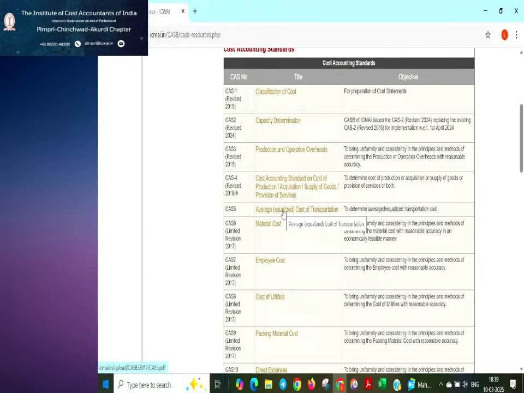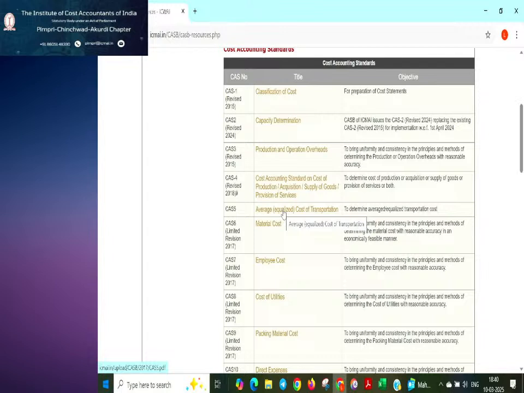Okay, so today we are going to deal with some important cost accounting standards, and at the same time we are going to practice problems in those standards. Apart from the theory questions, mainly you expect problems based on these cost accounting standards.